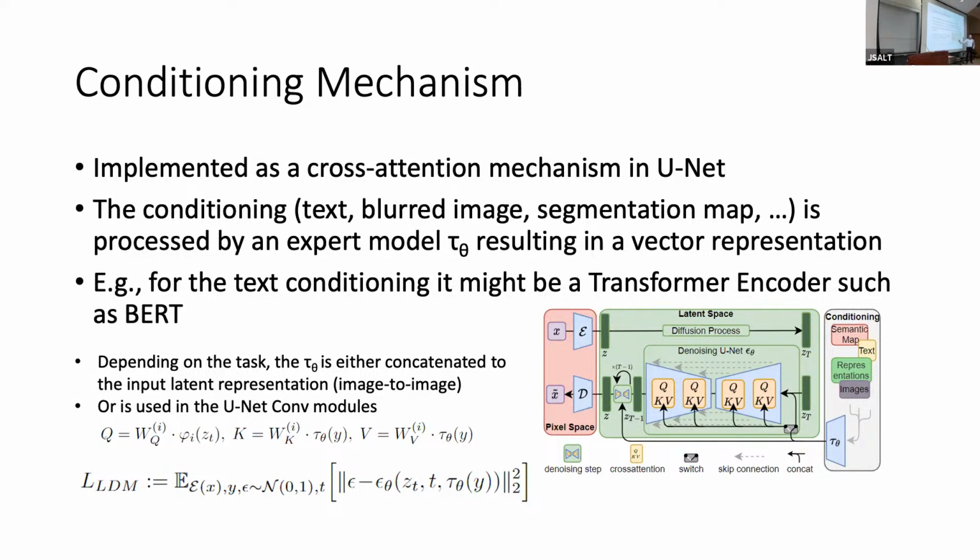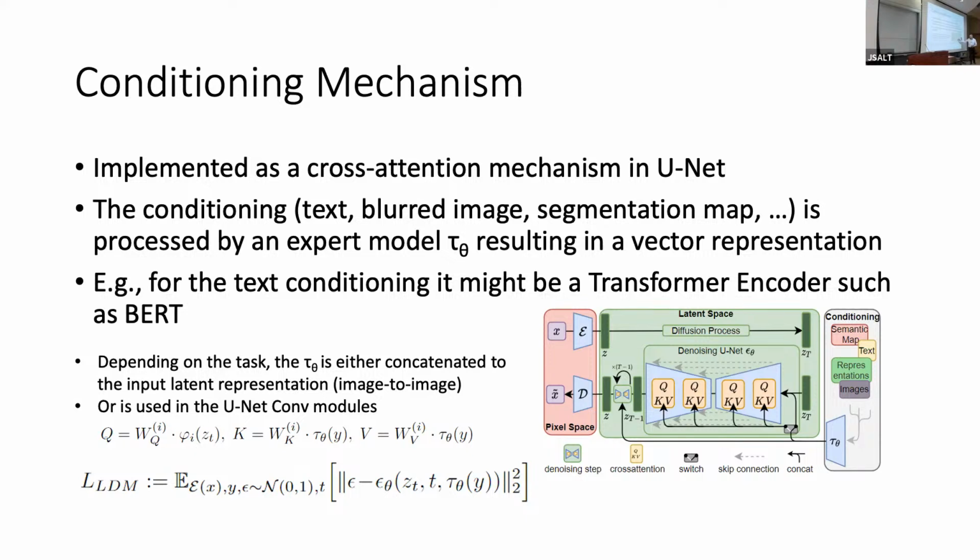And after each block of convolutions, you have this attention module from the transformer, and you take the query from the image and key and value from the conditioning, and you compute the attention. And this modifies the diffusion step you make. That's why you are able to condition the diffusion process in such a way that you want it to obey your conditioning.